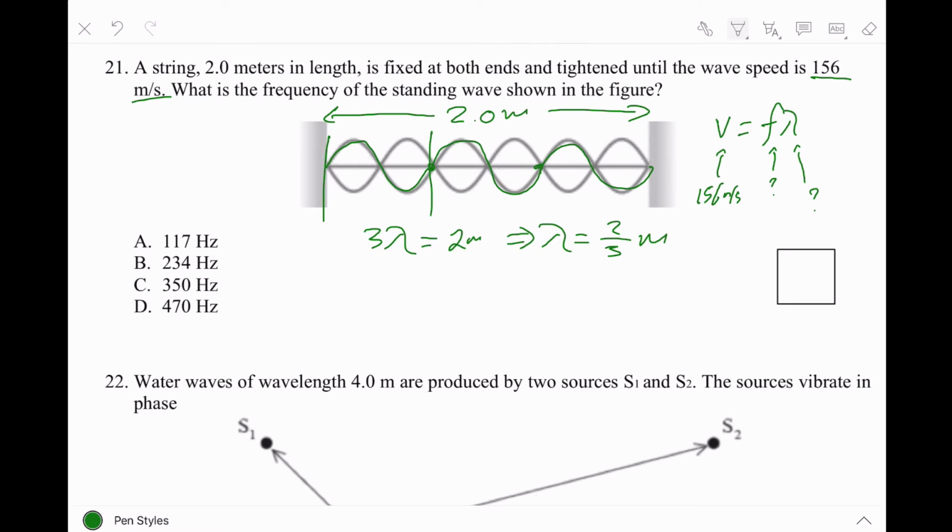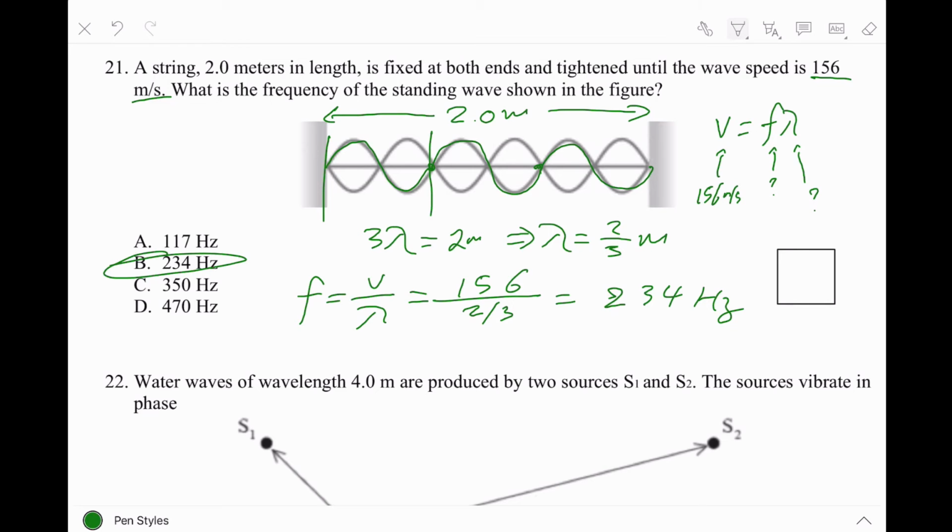Frequency is V over wavelength. V is 156, and the wavelength is 2 over 3. So it's 156 multiplied by 3 divided by 2, which is 234 hertz. So the answer is B.